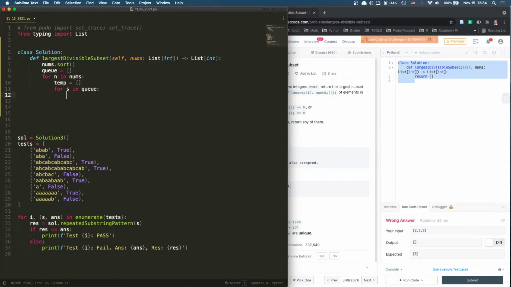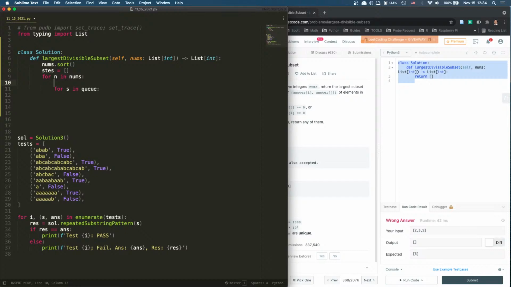If nothing is divisible, then we will add. Okay, hold on. So s will be added back to temp. Well, if s is going to add back to temp, I just extend the queue. No, I don't like this one.